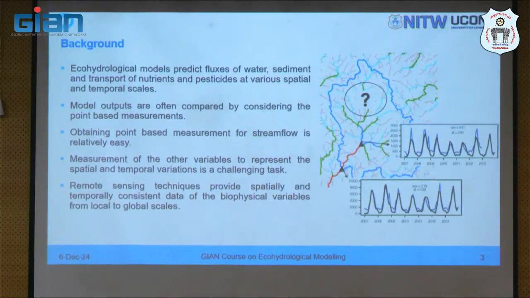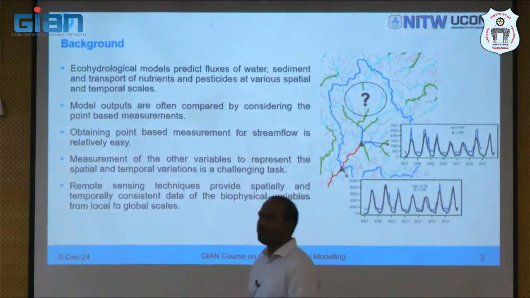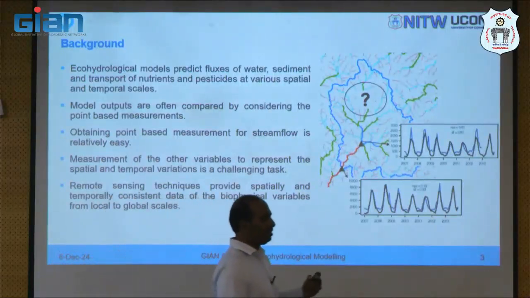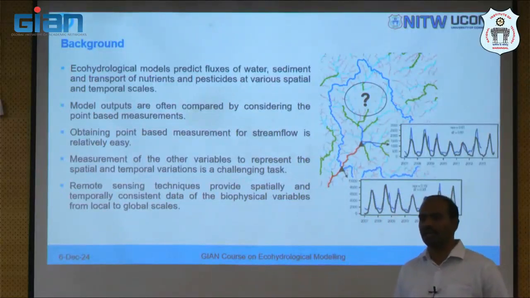Yes, it's correct. So this point, the measurement is basically the response of this entire catchment to some inputs. The hypothesis is whatever is the catchment response can be observed in stream flow, right? In that process, any changes in your catchment or in your system will get reflected in your stream flow. And the other aspect of it, measuring stream flow is relatively easier than measuring other ecohydrological variables, right?